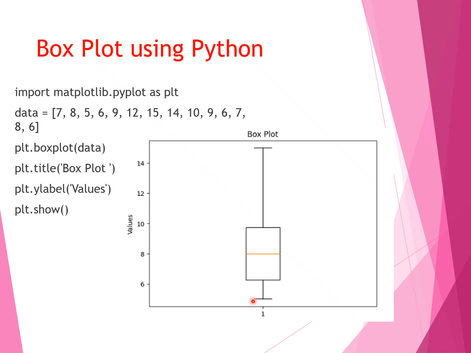The lower whisker extends from the minimum value to Q1, and the upper whisker extends from the Q3 value to the maximum value.